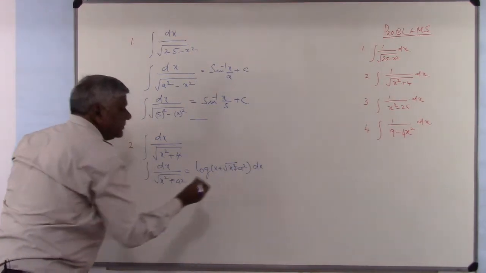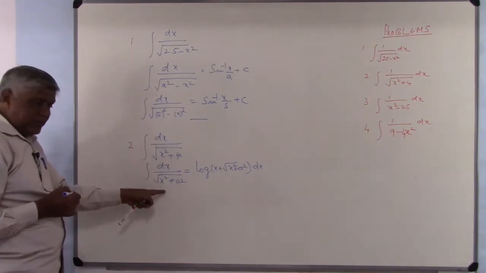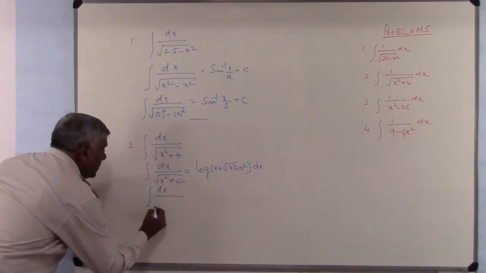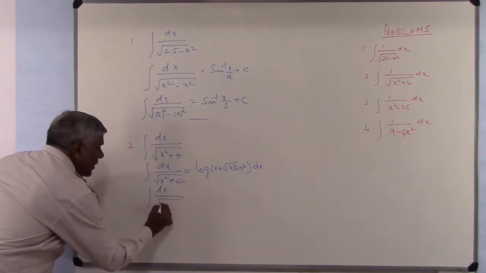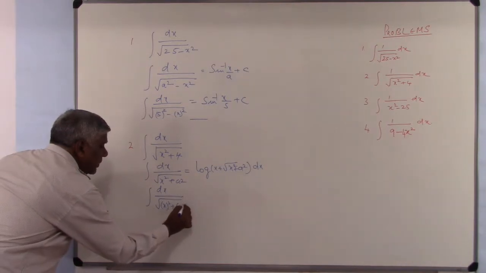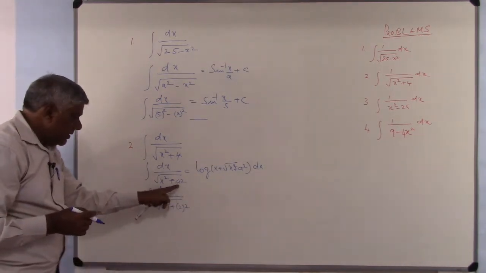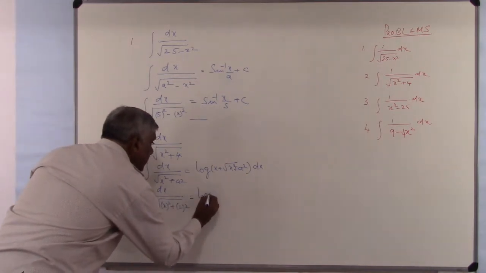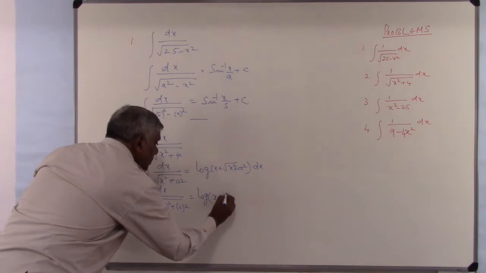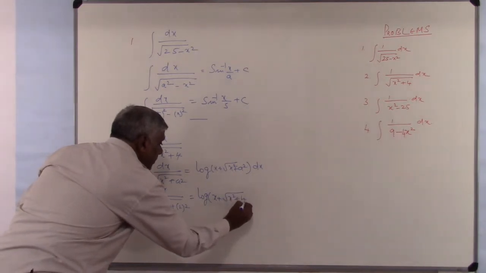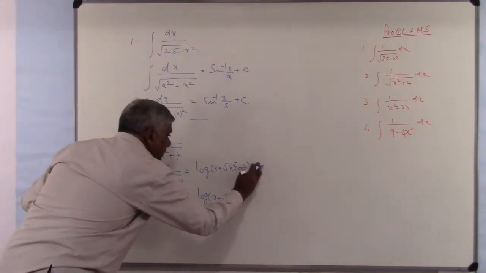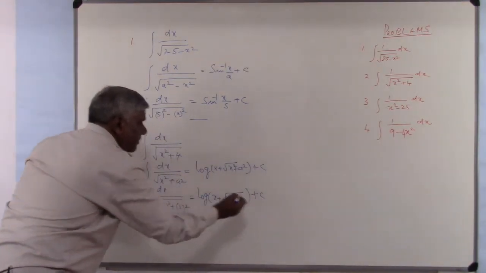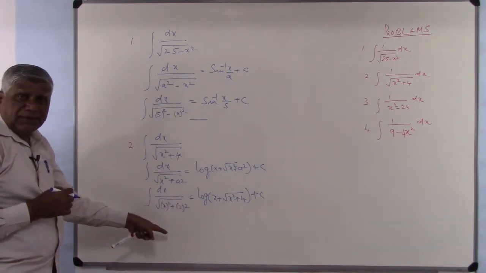Now I am going to write it in this fashion: dx by root of x whole square plus 2 whole square. Here instead of a we have 2. This is equal to log of x plus root of x square plus 4 plus c. So this is the answer for the second problem.